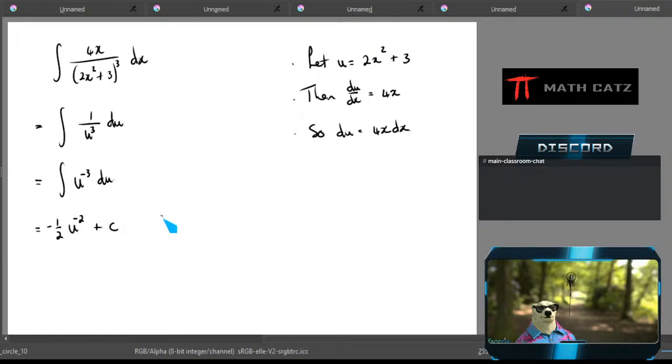Then, another long line here, I simply have to go back to x's. And I don't change anything, but put in what u represents in terms of x.